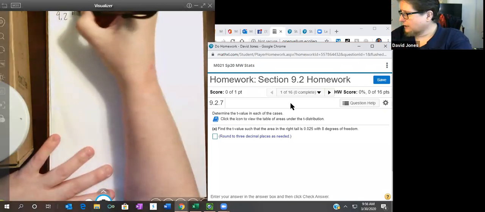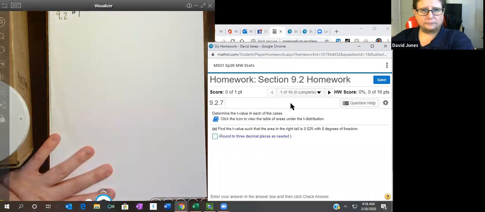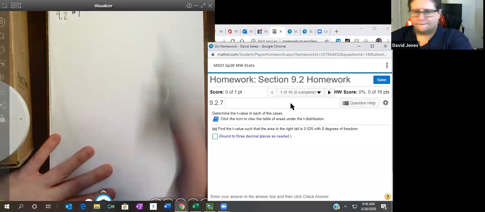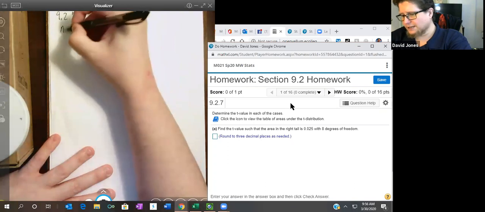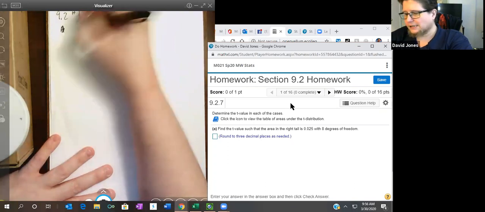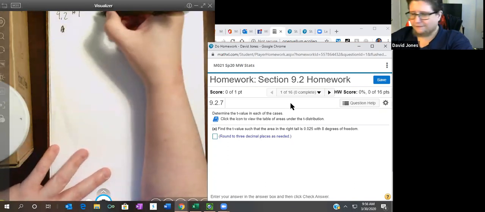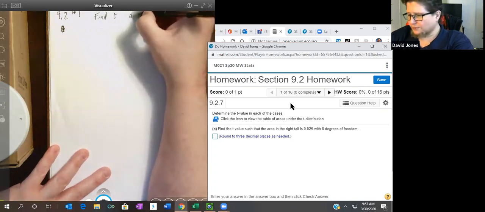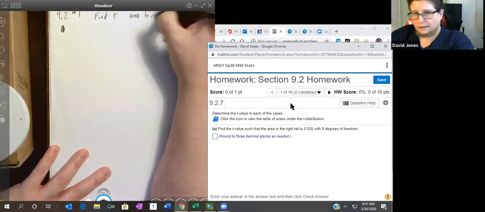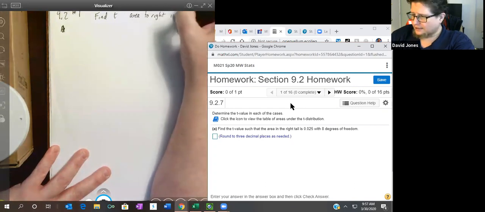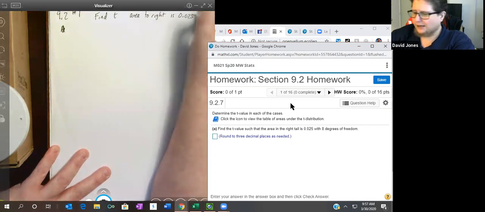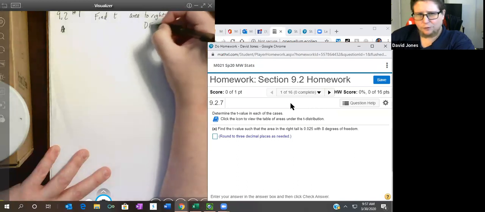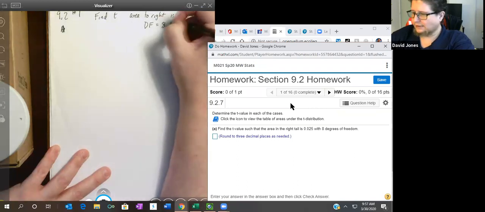This is number 1. Find the t value. This is similar to a problem we did yesterday in our practice. Find t so that the area to the right is 0.025 and degrees of freedom, which is df, is 8.